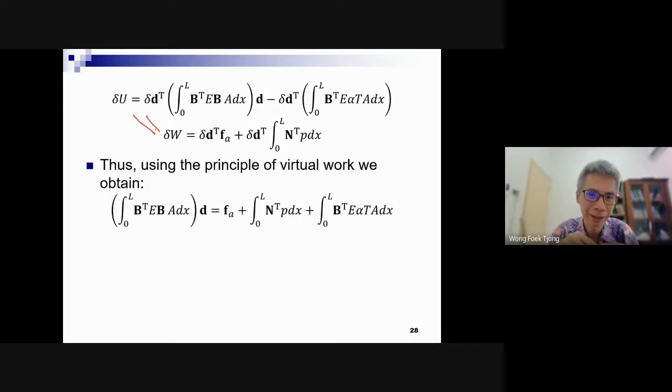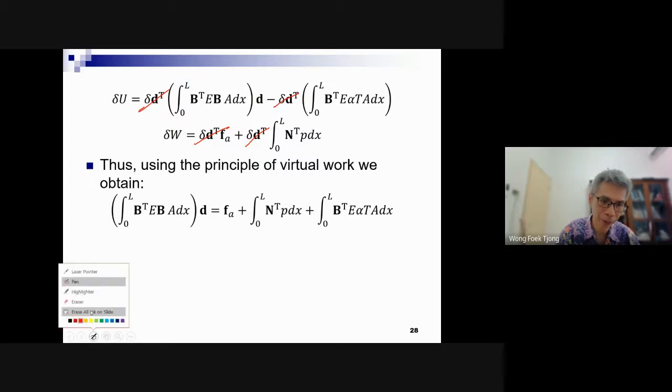In other words, for any delta D, because the virtual displacement depends on delta D. Delta U and delta W should be applicable for all delta D. Because of that, we can cancel delta D and remove it from the equation, because the equations hold for all arbitrary delta D. In summary, finally, we have these equations from the principle of virtual displacement.